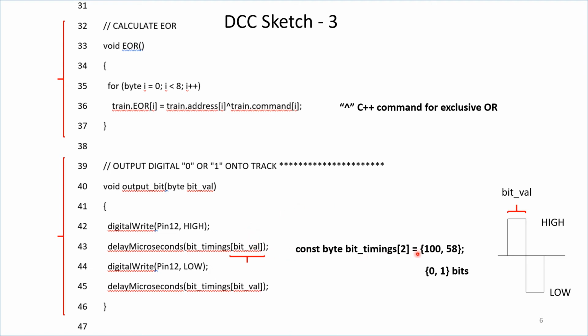Depending on if it's a 0 or a 1, I leave it at high for either 100 or 58 microseconds. Then I change it to low. Then I leave it at low for either 100 or 58 microseconds, again depending if it's a 0 or 1, before returning it. So this is how I send out bits 0 and 1 onto the track, by commanding pin 12 to be either high or low for the duration of 100 or 58 microseconds.